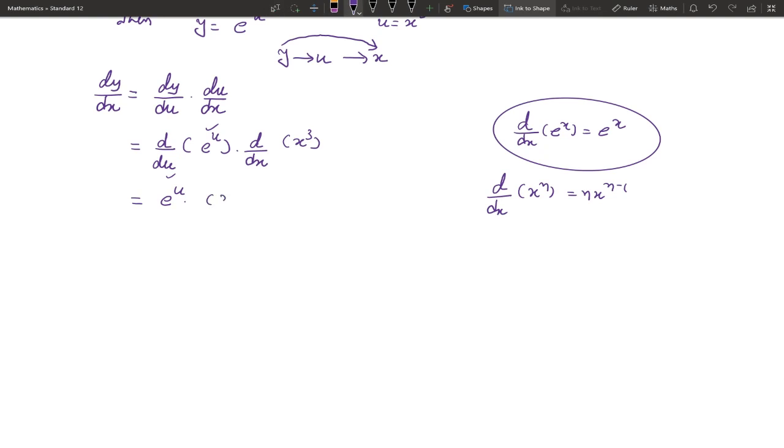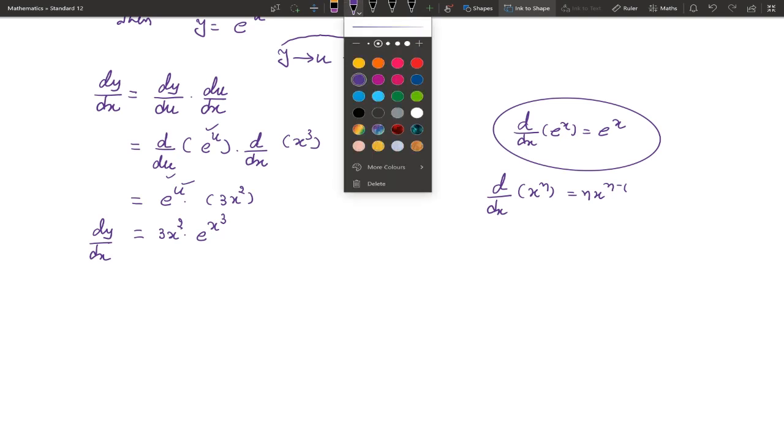So this is 3x square. Put the value for u, so the answer is 3x square into e raised to x cube. This is the derivative of y with respect to x.